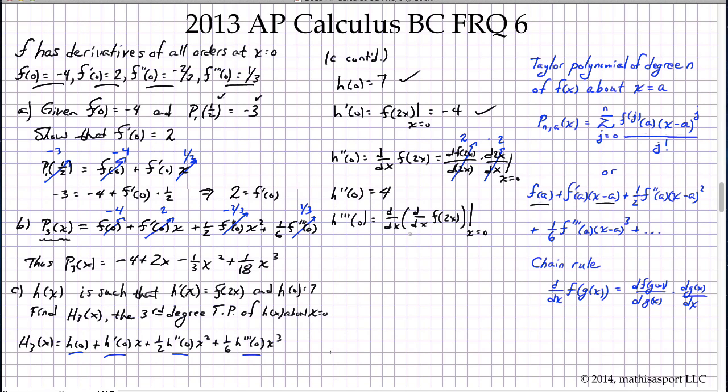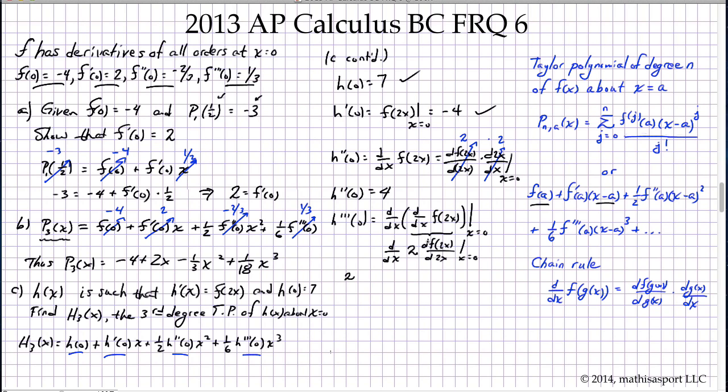What we learned when we took this derivative previously by the chain rule is that it was 2 times the derivative of f of 2x with respect to 2x. And so we're being asked to take that derivative. Well, the 2 comes out, and then we're going to apply the x equals 0 condition. The 2 comes out, and so we have the derivative with respect to x of this expression.